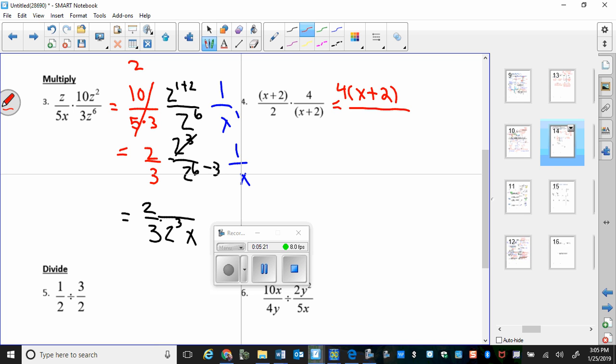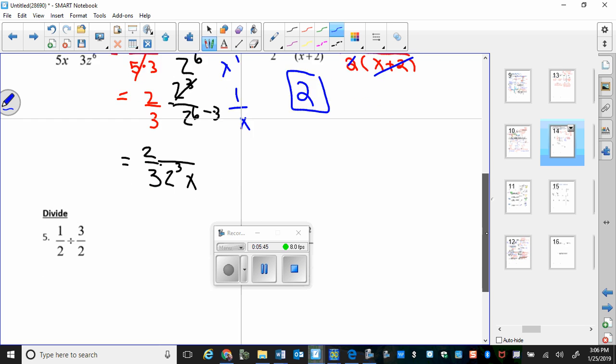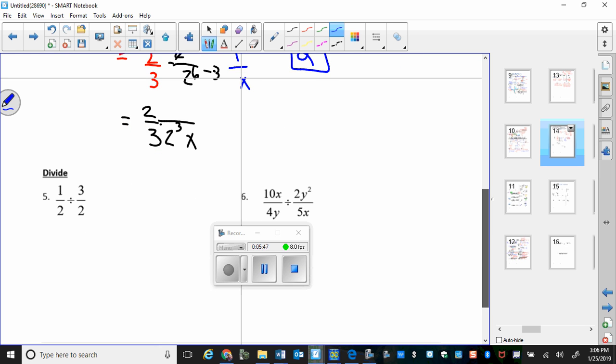So numbers with numbers, variable terms or expressions with expressions. So 2 times the quantity of x plus 2. And what we'll find is that 4 divided by 2 is just 2. And these two cancel out. I didn't even have to distribute. It just cancels out. And my final answer is right here. Maybe we could have skipped that step, but we didn't.